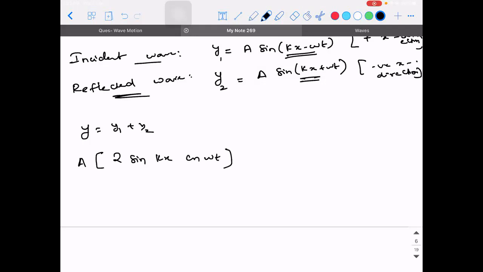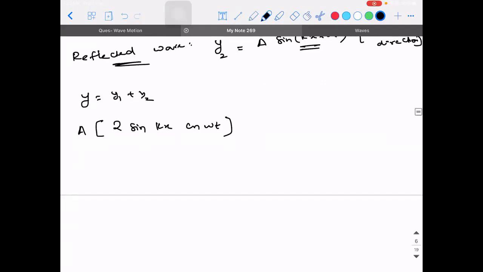I directly wrote it. Now if you observe this equation, I can either write it as 2a sine kx into cos omega t, or I will write it as 2a cos omega t into sine kx.